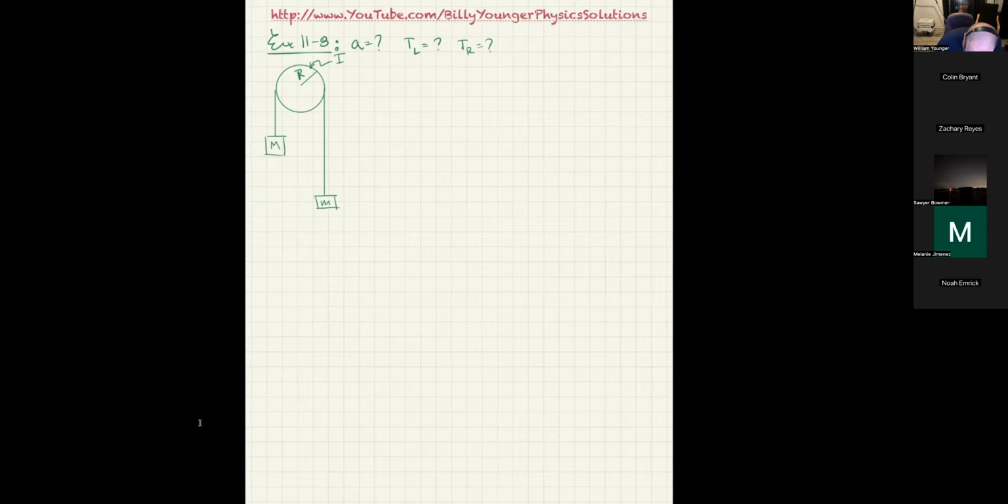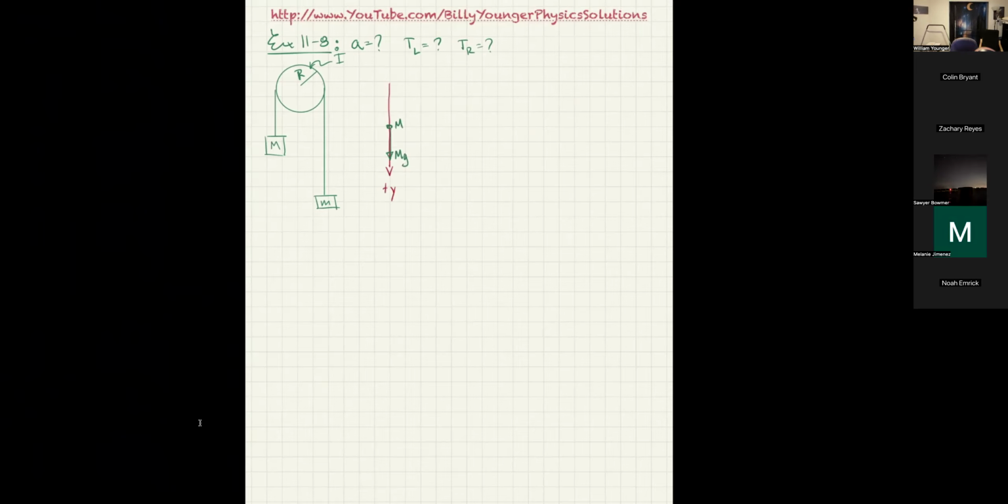So on the left-hand side, this is my positive y-axis pointing down because that's the big M and that looks like it's going the right direction. So I'm going to say this is a mass big M and it has a force acting on it, and that force is big M times g.